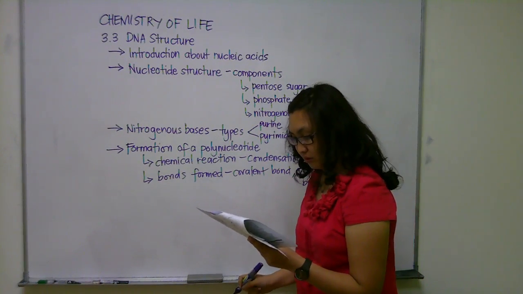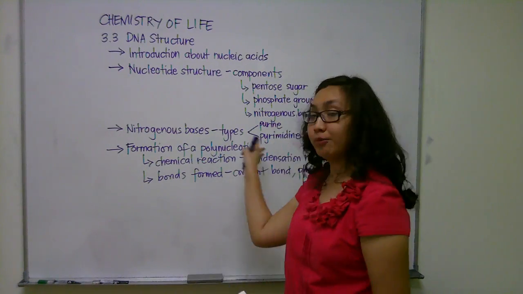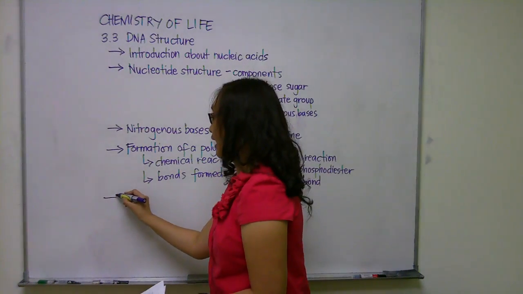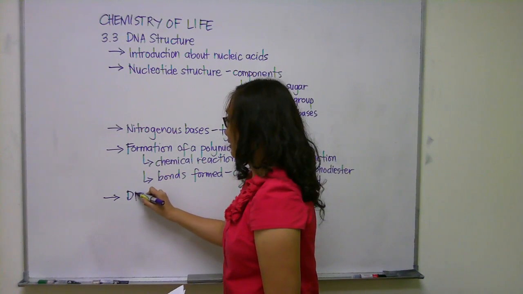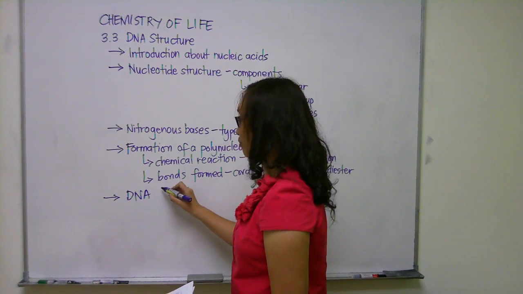So once we have formed the polynucleotide, we can now form the structure of the DNA, which is the double helix, or show the students the double helix structure.